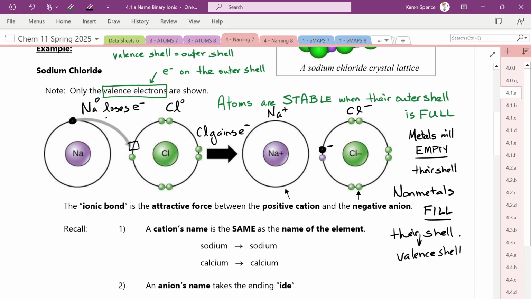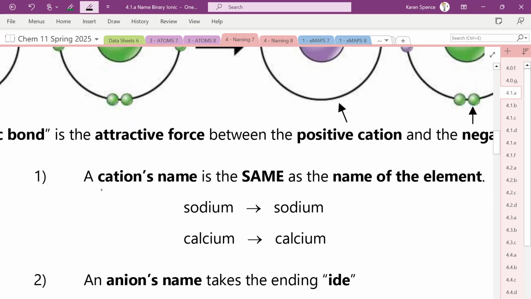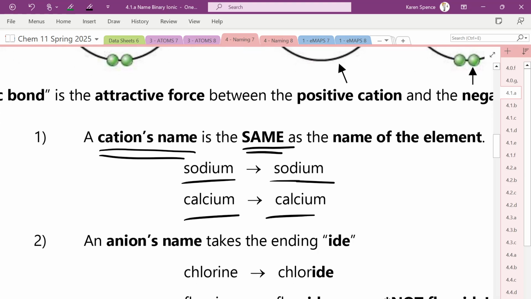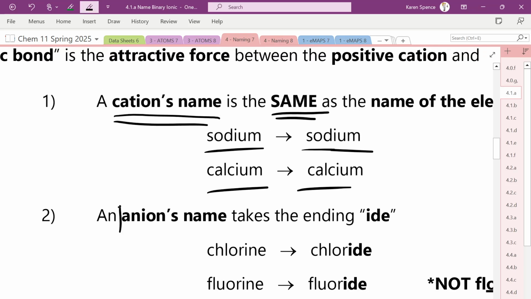And how do we name these? Well, this is pretty easy because we already know how to do this. The cation's name is just the cation's name. It just doesn't change. So sodium stays sodium, calcium stays calcium, aluminum stays aluminum. Easy peasy. What happens to the name of the anion? Anion's name takes the ending "ide."